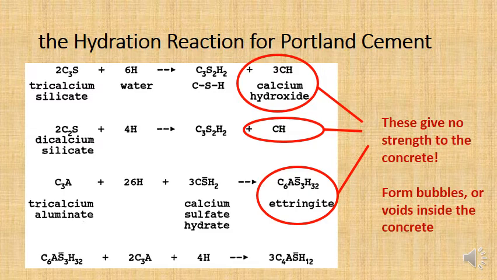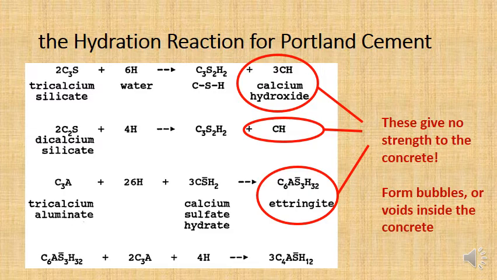So what happens to the concrete? Well, if you were to look at concrete under a microscope, you will actually realize that it's like Swiss cheese. It's got lots and lots of microscopic voids inside the concrete, and that's from these gases as well as excess water evaporating from the concrete.